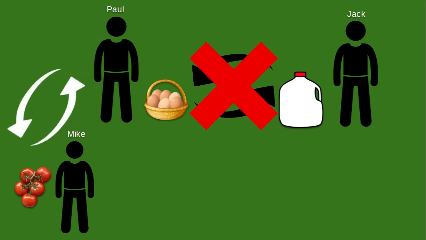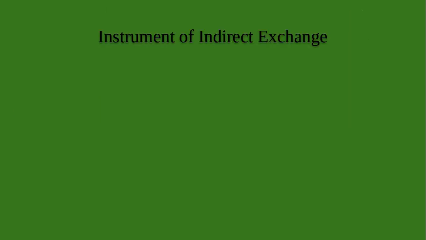Now Paul does not necessarily want tomatoes himself. He's not purchasing tomatoes for his own use or consumption, but rather in order to trade them for the milk that Jack possesses. So he's using these tomatoes as what is called an instrument of indirect exchange.